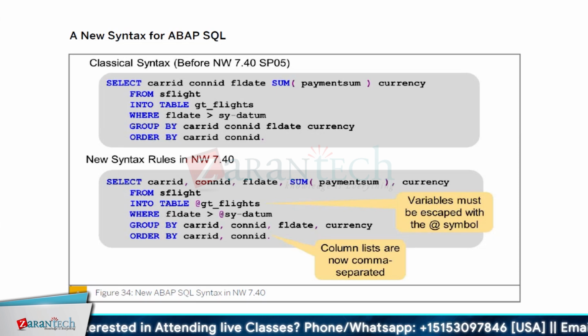So if you wanted to generate the internal table directly, dynamically, we will keep that escape symbol. And any system fields, if you are referring, those also should get separated by the @ symbol.